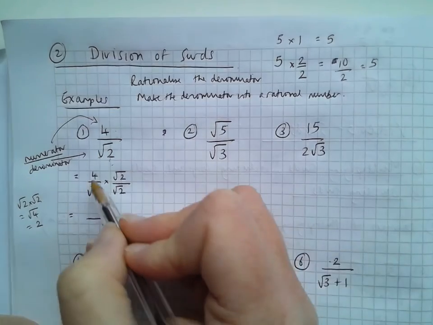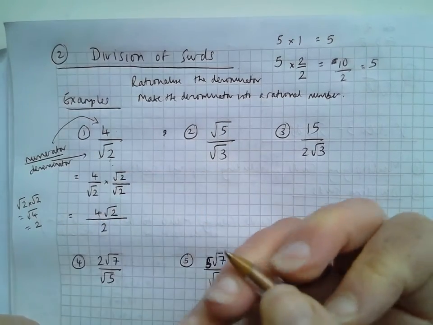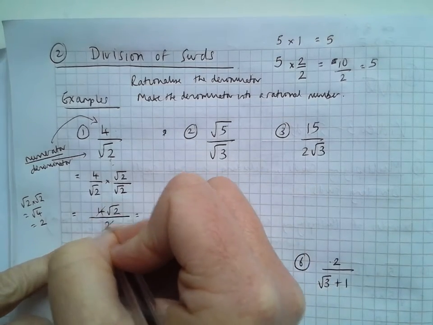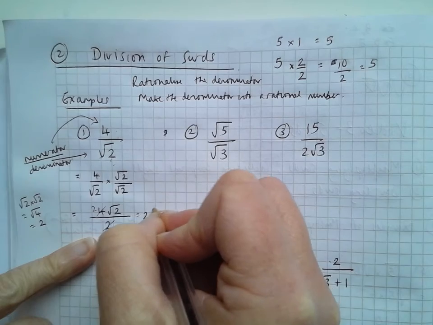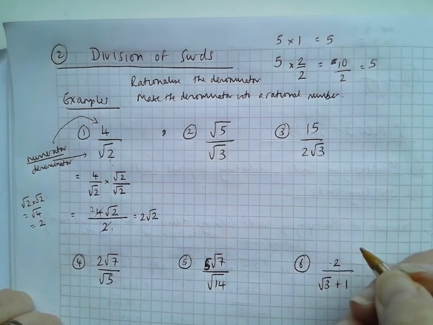And then on top I would have 4 root 2. And in fact this could divide into this, couldn't it? My answer would be 2 root 2. Okay, let's try the next one.